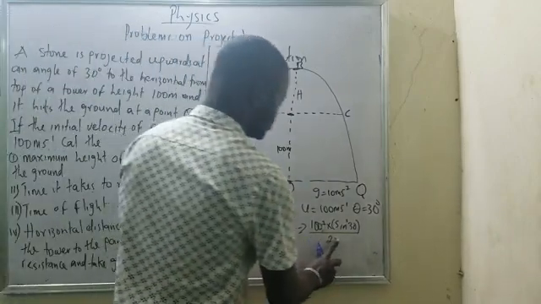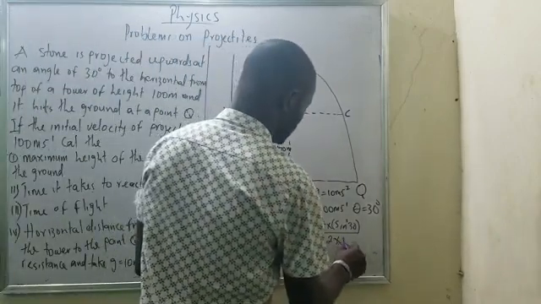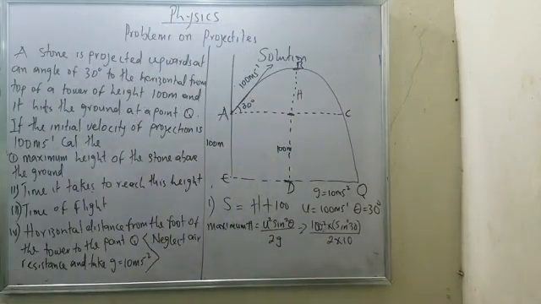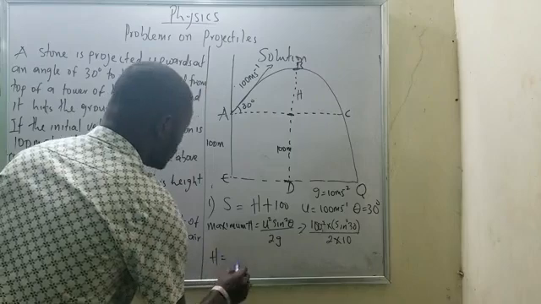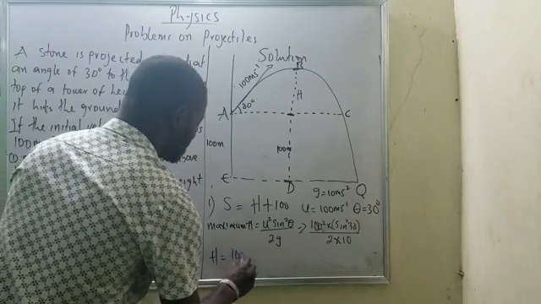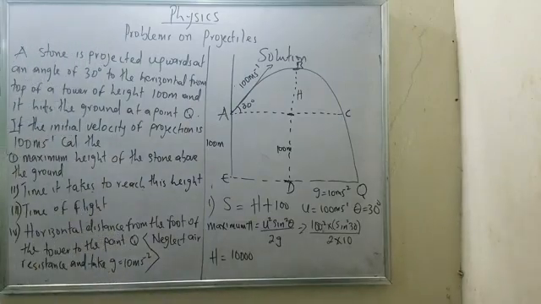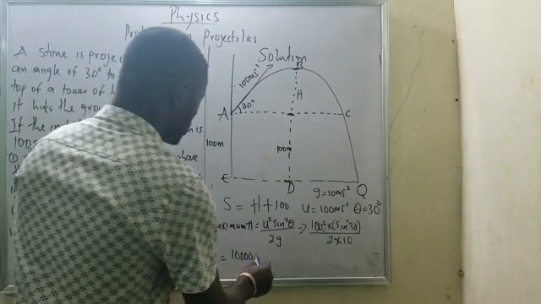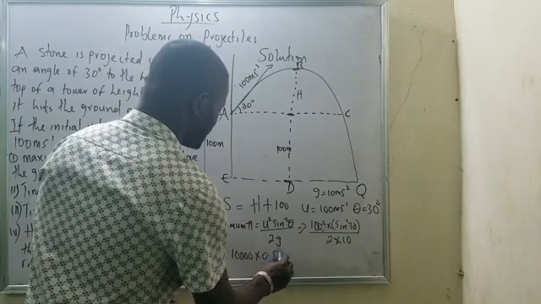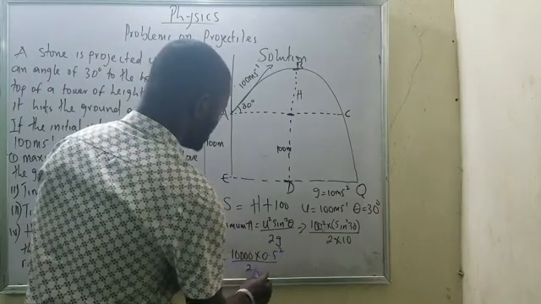Now, this will give me my h equals 10,000, yes, 100 times 100 is 10,000, multiplied by sine 30, which is 0.5, squared, divided by 20.